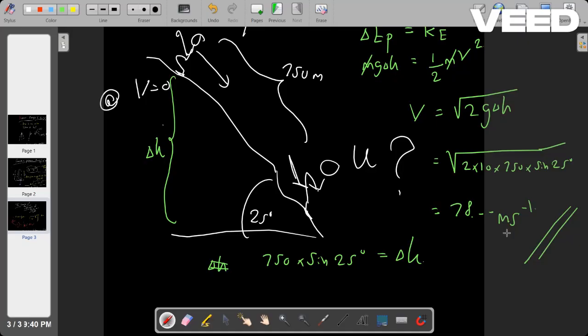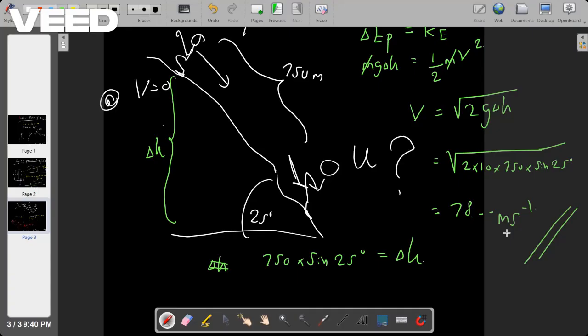Okay, so they can give you this question in different ways. Sometimes they may tell you that not all the energy is transferred as kinetic energy, only a certain percentage is converted. In that case, you will have to find that percentage that has been transferred and assume the other is wasted.